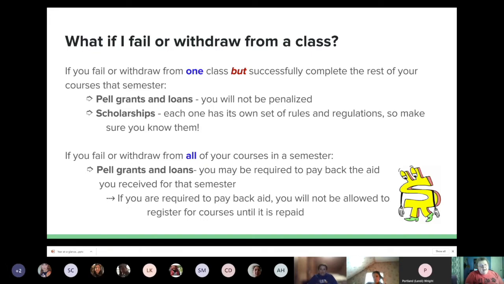So these are things that we're aware of as well, and it can be overwhelming as a brand new student to know the rules about this stuff. So don't be afraid to reach out and ask for assistance with it. If we can answer the questions, we will. If we can't, we'll help you get connected with those that can.